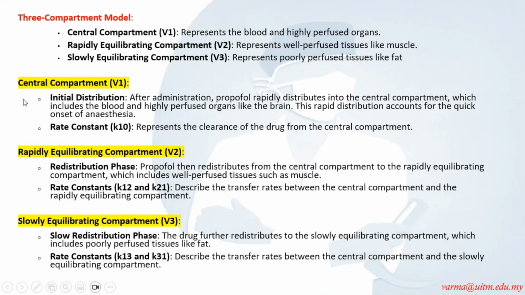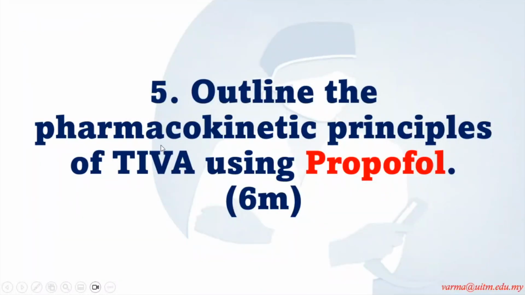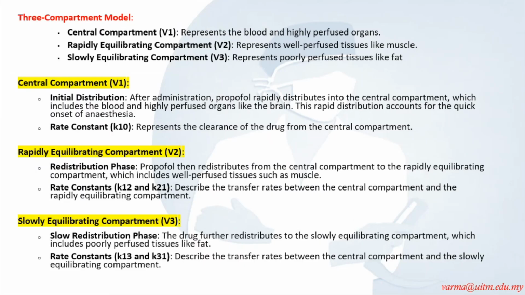Okay, what happens in the central compartment? Initial distribution. After you inject propofol, the propofol rapidly distributes. The question is on TIVA, not a single bolus: pharmacokinetic principles of TIVA using propofol. So what happens? After administration, propofol rapidly distributes into the central compartment, which includes the blood and highly perfused organs like the brain.